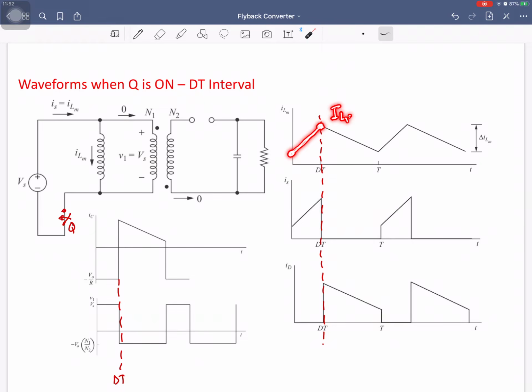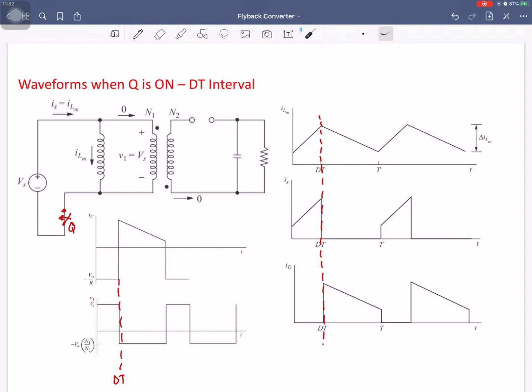This is IL maximum and this is IL minimum. So the current is increasing linearly in the magnetization branch. This is this current. Okay, and this current is being provided by your source. So the source current will be the same. Whatever is your current in the magnetization branch, same will be the current through your source. And at that time, your diode is in the off state, so no current in your diode. The diode current is 0.